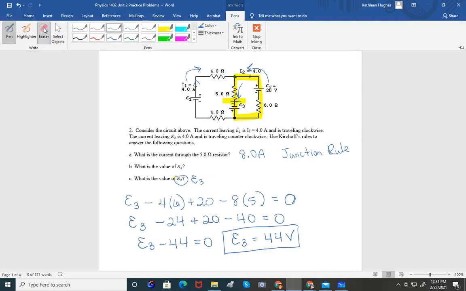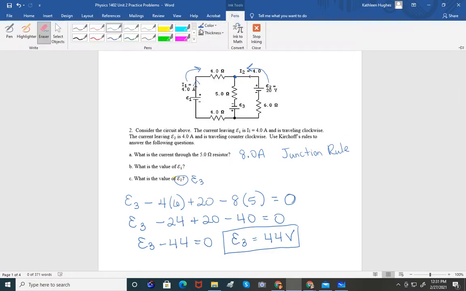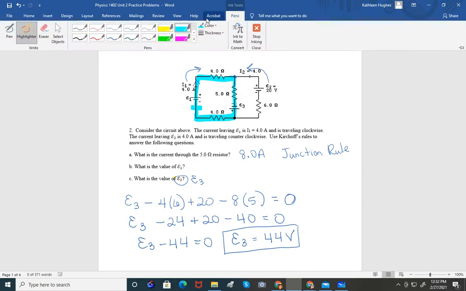If I erase this right here, now I can take my highlighter, start here, go around this way. Notice the current goes this way and then the current goes down. If my loop goes with the current, I don't have to worry as much about signs. When my loop is always going with my current, then I know that batteries are gains and resistors are drops.